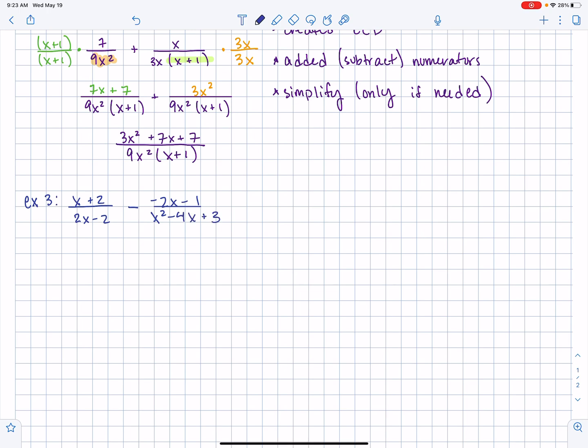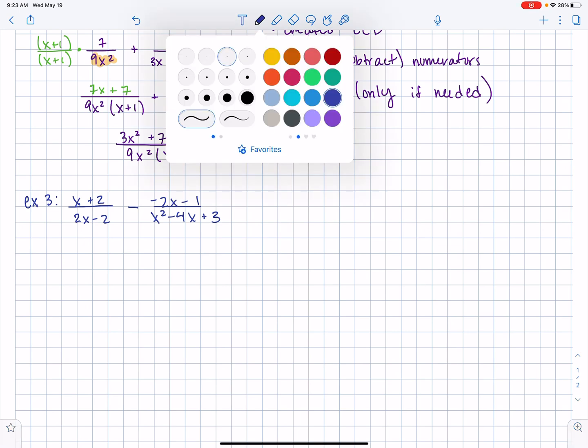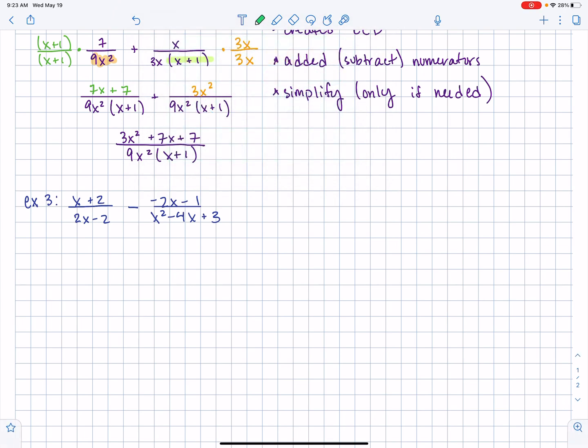Before we start this one, and this is just a general polynomial hint, I've got a minus a negative. I don't want a minus a negative. I'm going to lose a negative in there, so I'm going to distribute my negative. I'm going to turn this into an addition problem. So this is now plus a positive 2x plus 1, just distributing that negative so that we get rid of any of those.